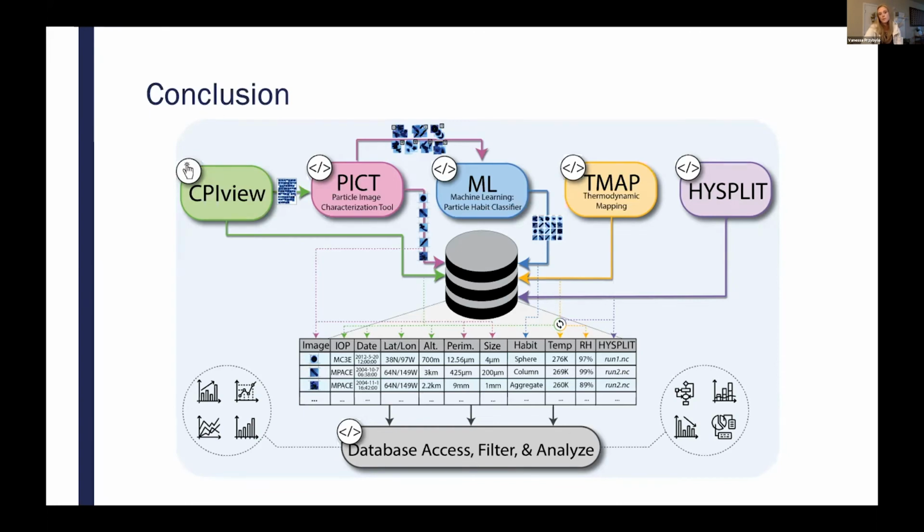And then we would also have the machine learning portion, where the convolutional neural network portion would be appended into each column with a given probability for each particle type. And then you can see the thermodynamic mapping as well in the yellow rectangle here. That would be indicative of the columns that say temperature and relative humidity. And then the last thing would be that any HYSPLIT trajectory runs, the backward trajectories, would be appended where applicable for each one of these images.